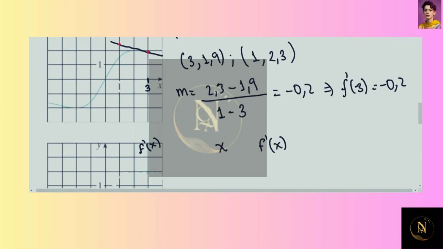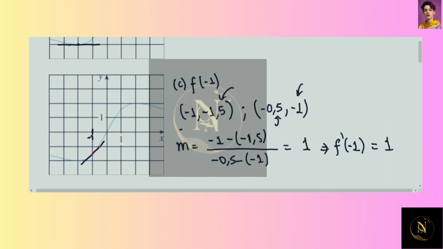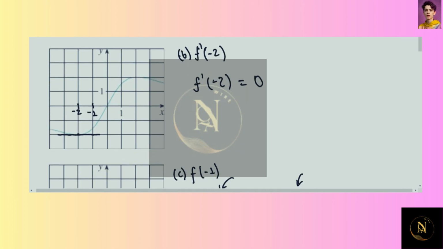So for x, we have the values minus 3, minus 2, minus 1, 0, 1, 2, and 3.